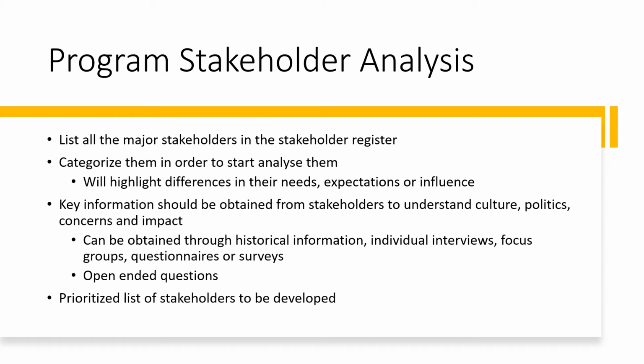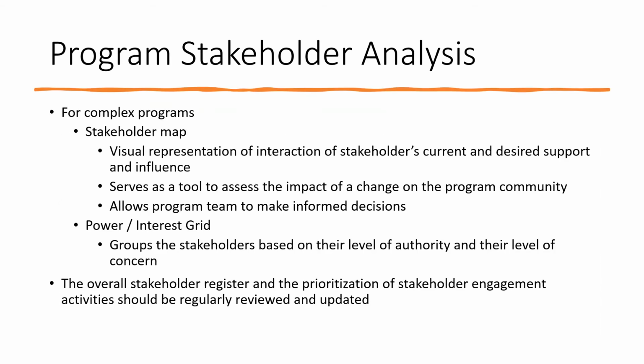The next step is prioritizing the list of stakeholders. Even in the stakeholder register, you can add a priority column so that you can understand the priority of each stakeholder. These are the initial activities as part of stakeholder analysis for complex programs.